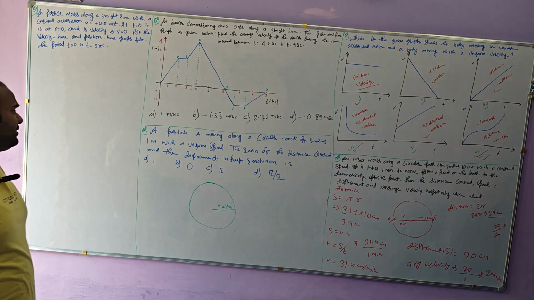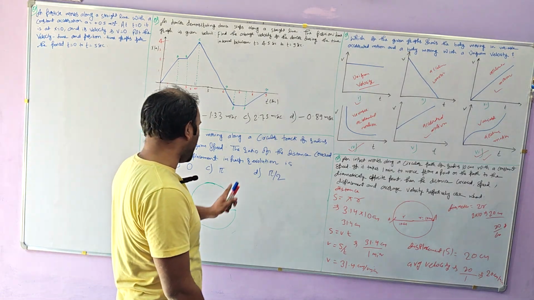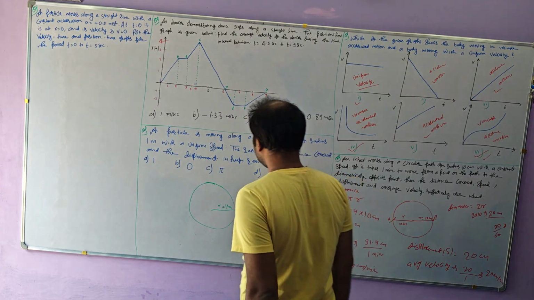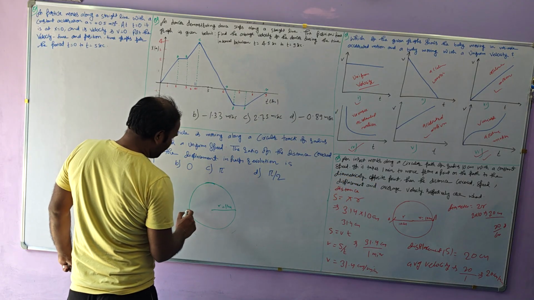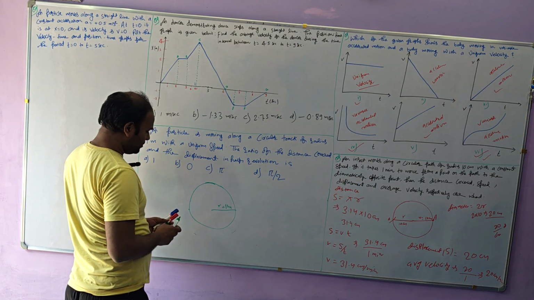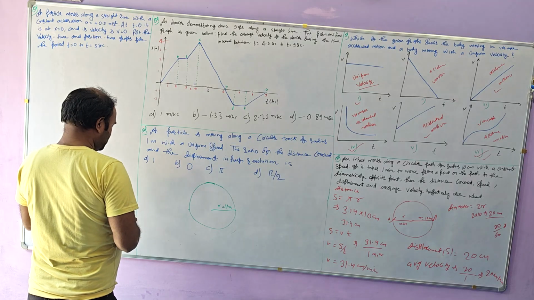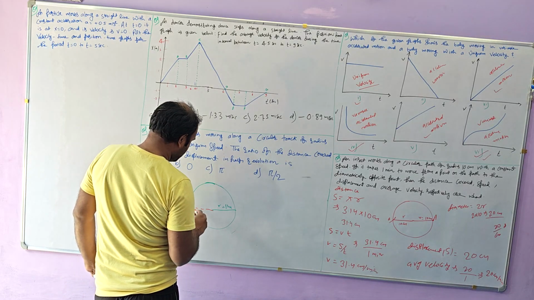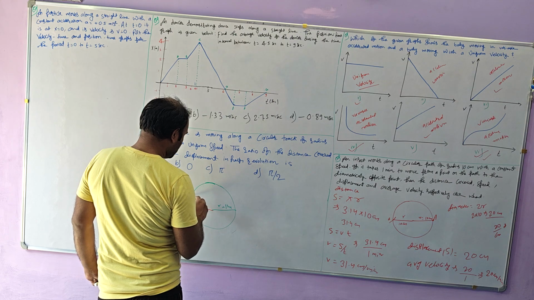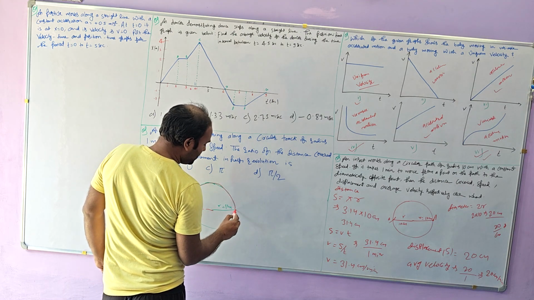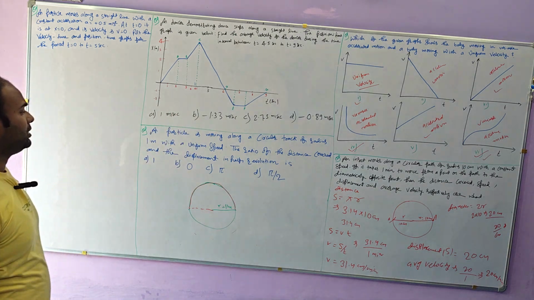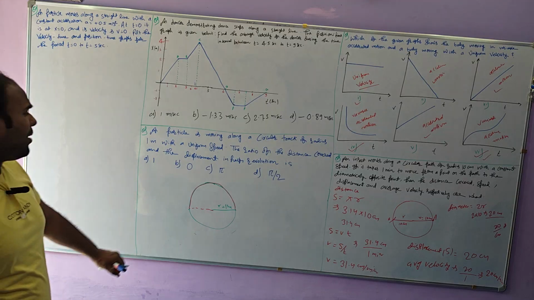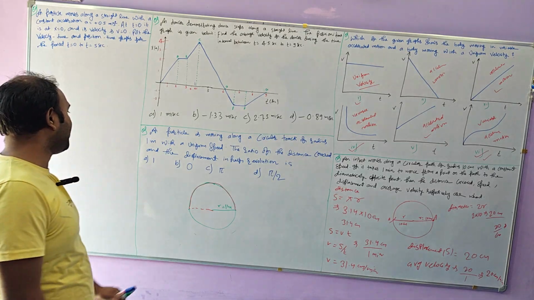The ratio of distance covered and displacement in half revolution. Just half revolution. Half revolution is this part, so half of the circle.